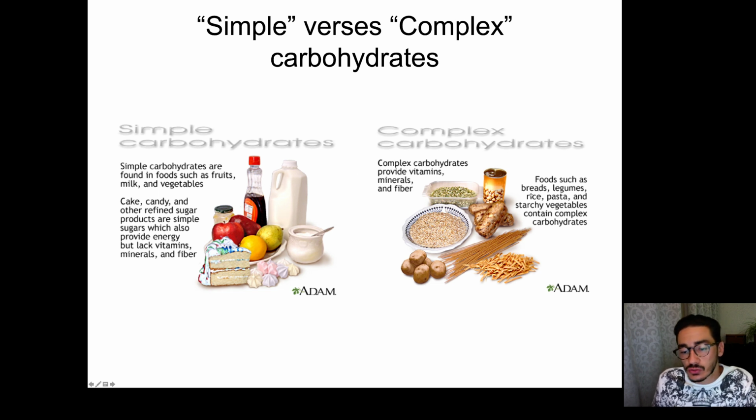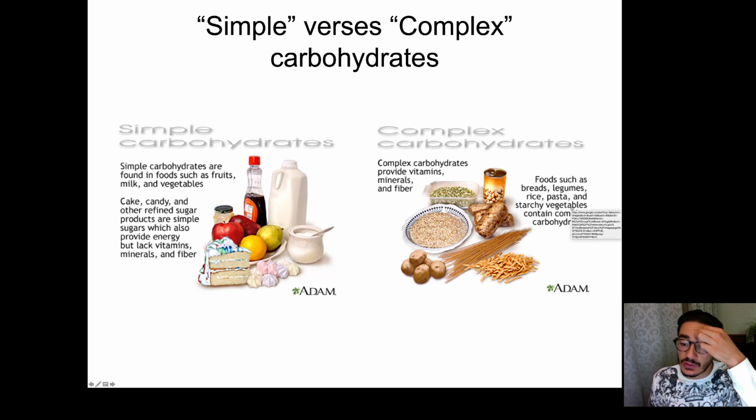But in complex sugars, we have long chains of glucose, right? And as we said already, glucose is healthier than fructose because glucose can be absorbed by every cell in your body, but fructose can be absorbed by the liver only.